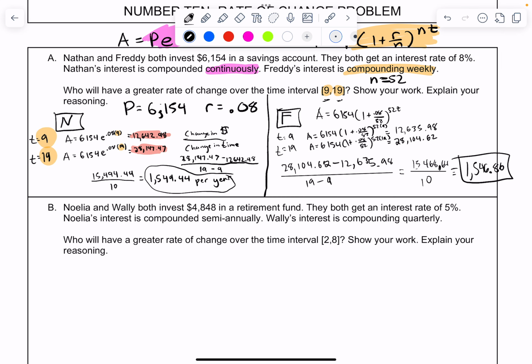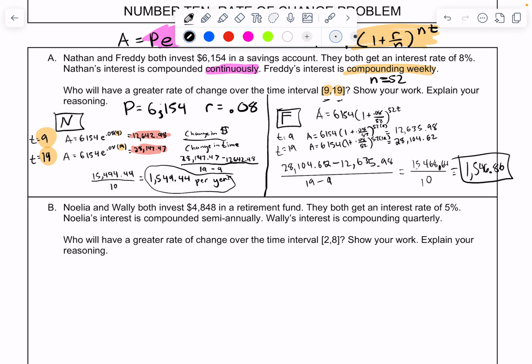All right, so you have to show some work, guys. You have to show this. Calculations, and you're subtracting, and then divide at the end. And which one's going to have a greater rate of change? Well, 49 right here, and then 46 right here. I mean, obviously, if this is compounding continuously, it's more than weekly, so this is going to be more. I mean, it's only 49 versus 46, $3 more, but still, it makes sense.